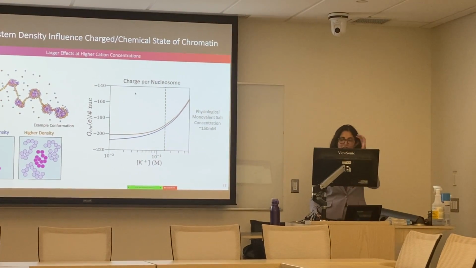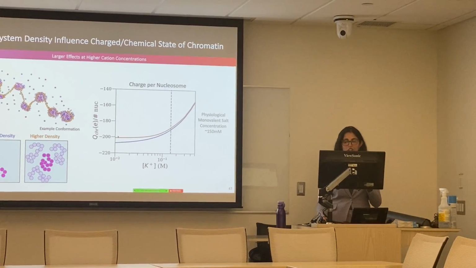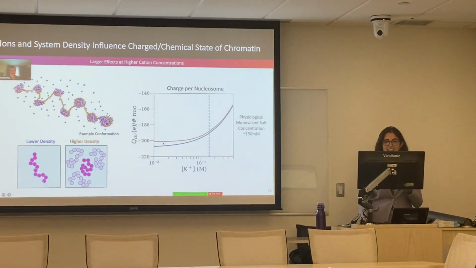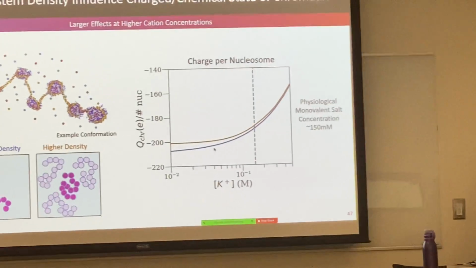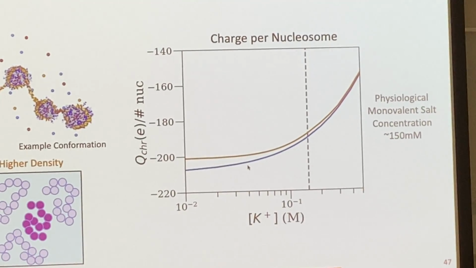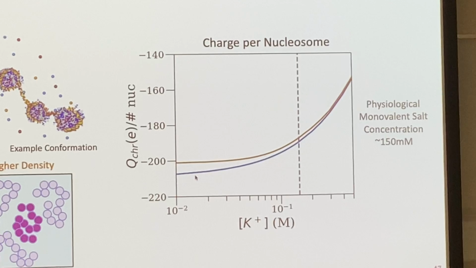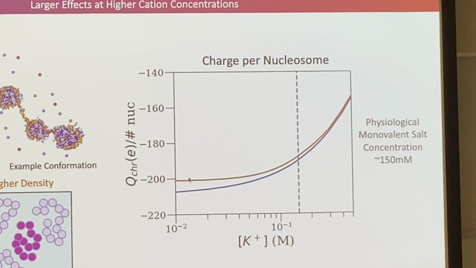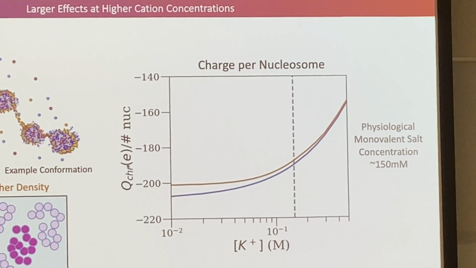And secondly, I just want to point out that even though it seems that the charge state of the two system densities is the same here, so you can see the higher density system in orange, the lower density system in blue, actually the charge density of the higher density system is going to be even greater because it's more compacted and overall denser.